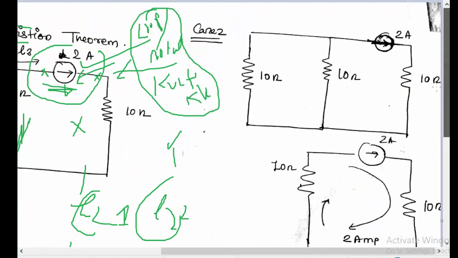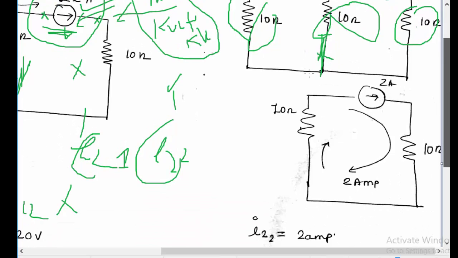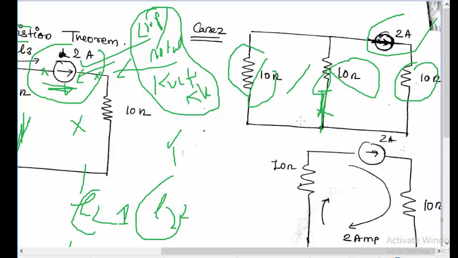Now you go to this circuit, and what you find is that we have done away with this voltage source, so we have short circuited it. Now this is 10 ohm, this is 10 ohm, and this is 2 ampere as it is now. Both these are in parallel, so we do the parallel equation to solve that, and we find it as 10 ohm, and again this is 10 ohm.